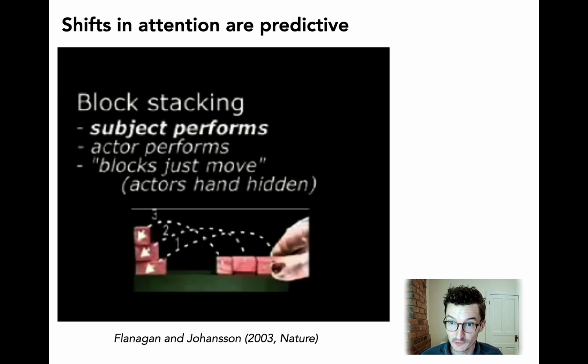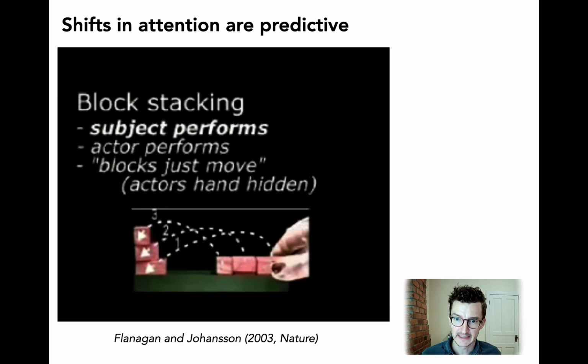And it involves a very simple task, block stacking. So in this study, they had participants stacking blocks, and they tracked their eye movements while they stacked blocks. They had participants watch an actor do the same task. And they also had participants watch blocks being stacked by themselves, so blocks sort of floating through the air, a task that the participants had no experience with.